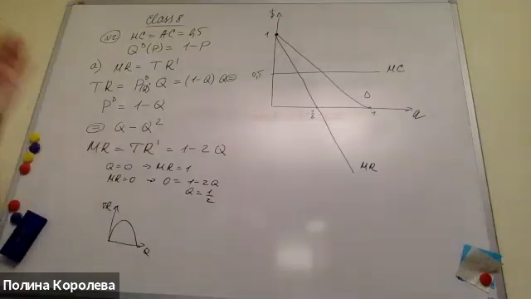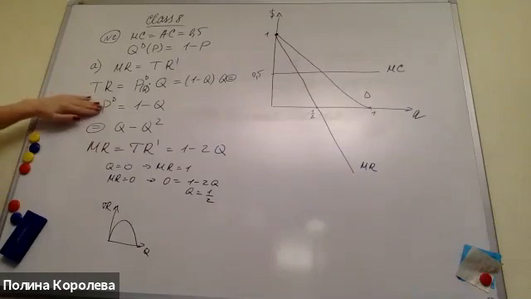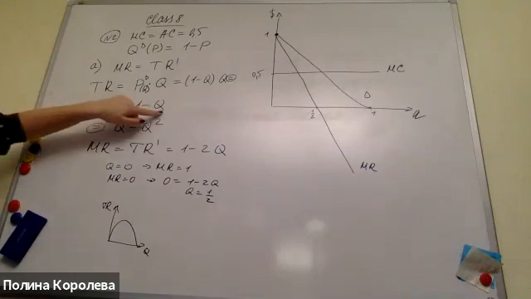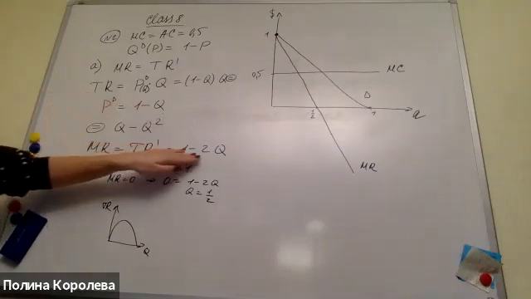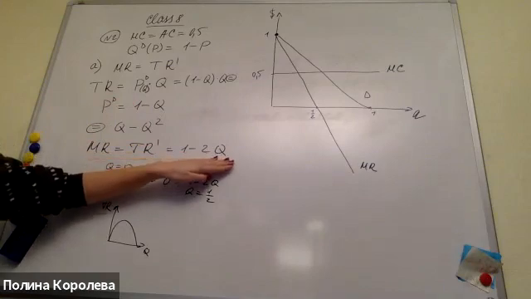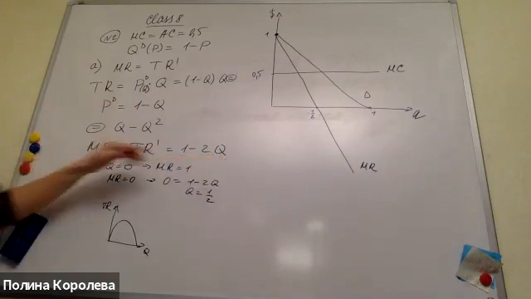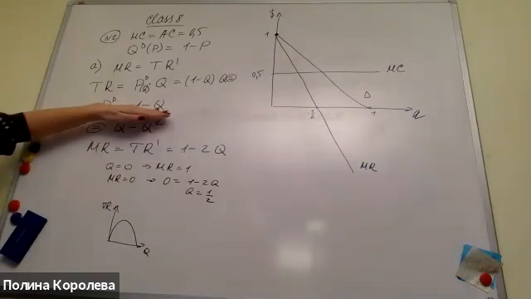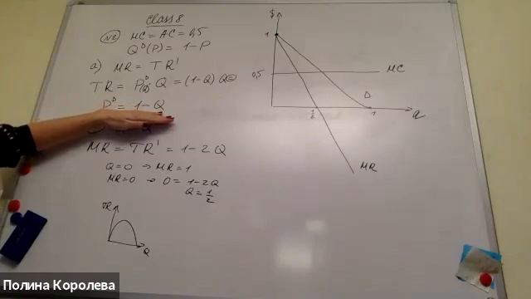If we compare, this is the inverse demand function 1 minus Q, and marginal revenue 1 minus 2Q. They are very similar, but marginal revenue is 2 times steeper than the inverse demand function, you see? It is always true for linear demand functions.